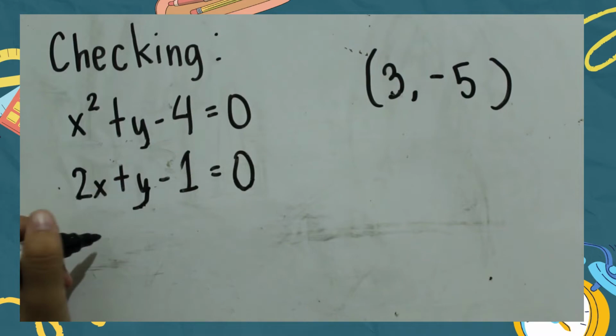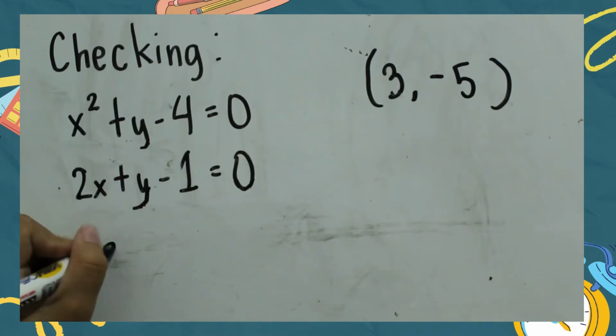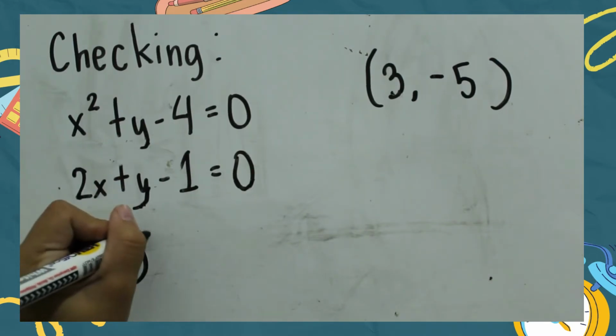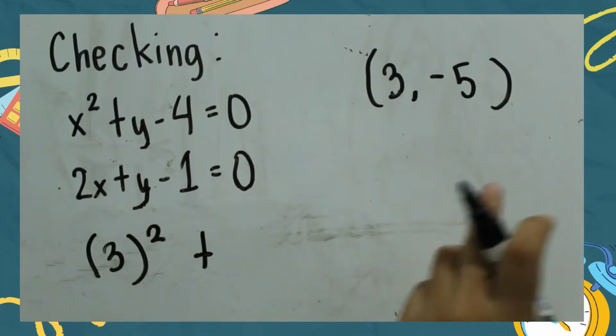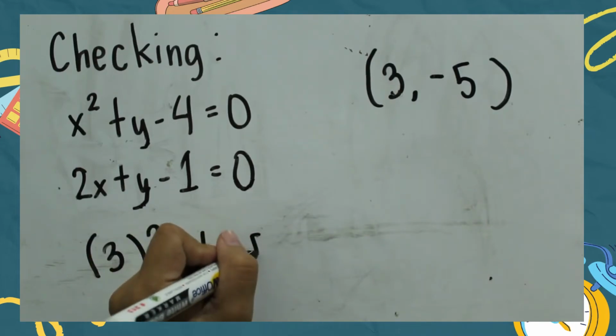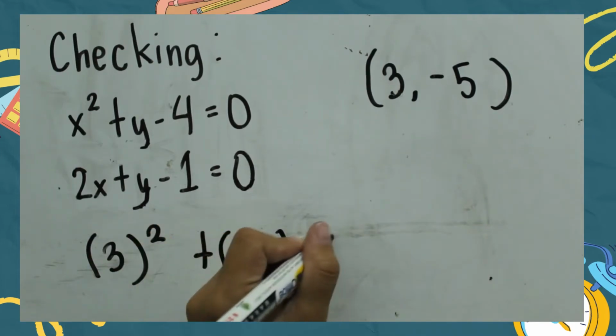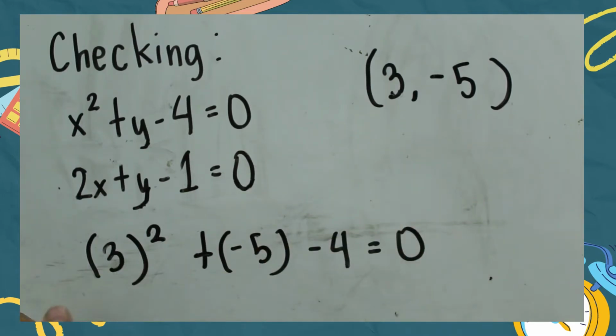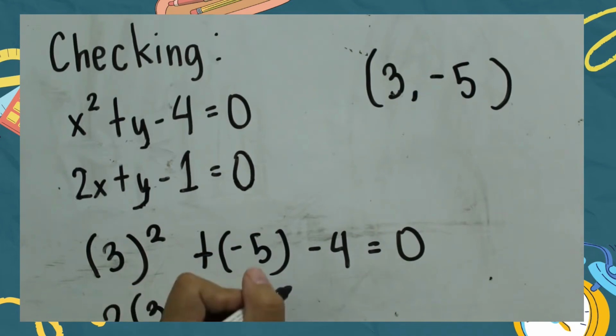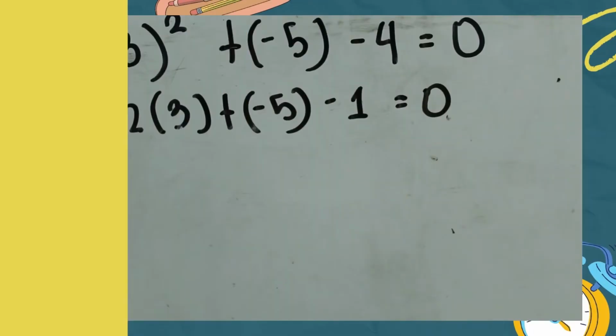So that will be 3 squared plus the value of our y, negative 5, minus 4 is equal to 0. And here, 2 times 3 plus negative 5 minus 1 is equal to 0.